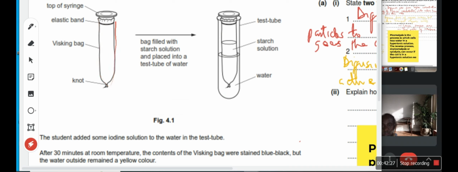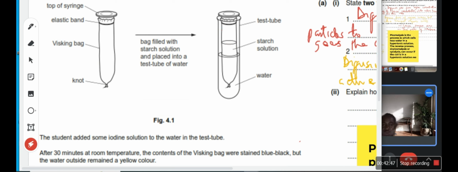So the test tube is one medium. Inside the whisking bag is another medium. The skin of the whisking bag is like the semi-permeable membrane.